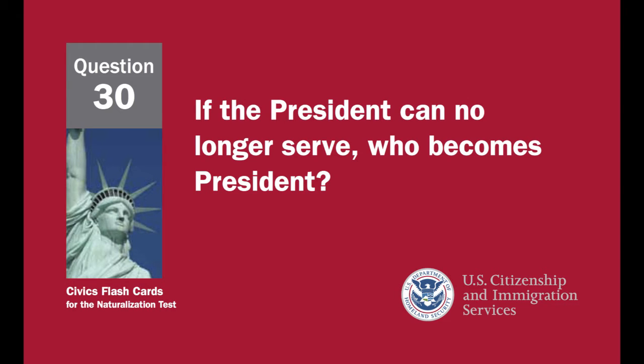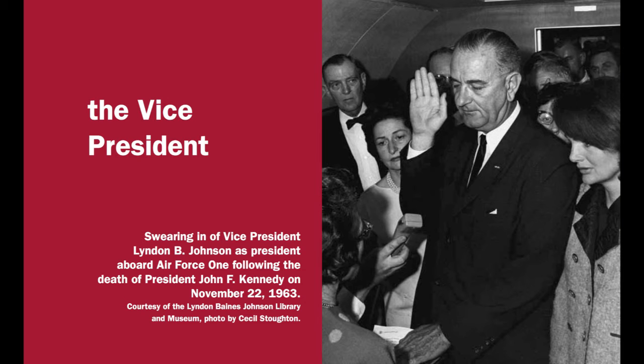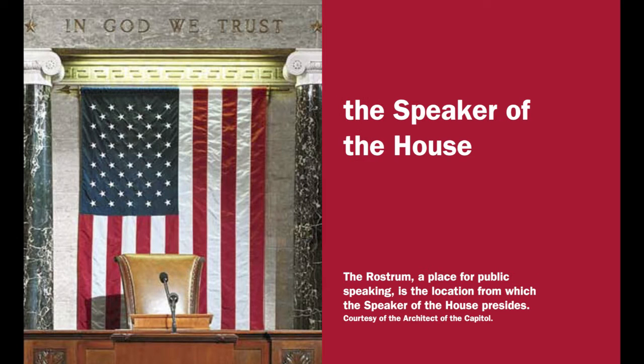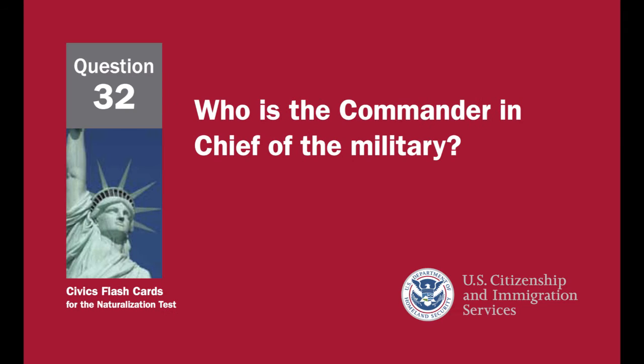If the president can no longer serve, who becomes president? The vice president. If both the president and the vice president can no longer serve, who becomes president? The Speaker of the House. Who is the Commander-in-Chief of the military?